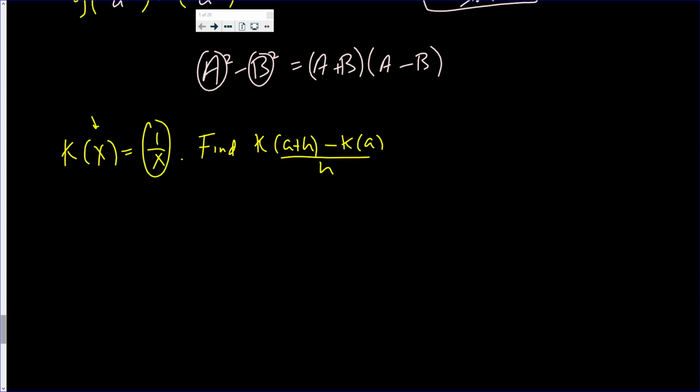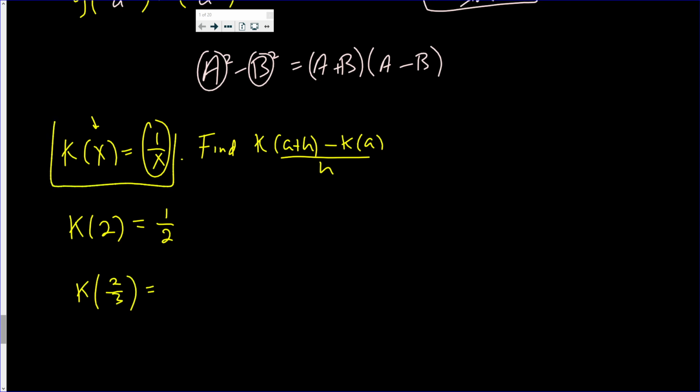Takes the reciprocal. Now, maybe it's clear that it does that when you have an integer. But what if you have a fraction? K of 2/3. Well, one way of saying it is you do 1 over what's in the brackets.